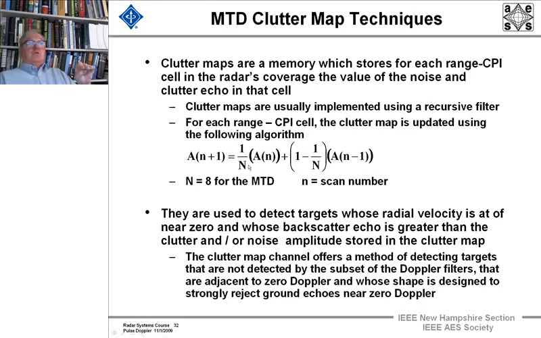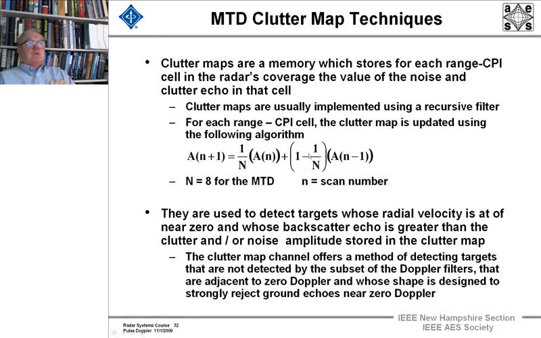So as rain comes into an area and moves at 20 miles an hour, relatively slowly, originally there was noise, and the A sub n's are all at the noise level. They will build up in time with scans as the time-changing clutter moves in.